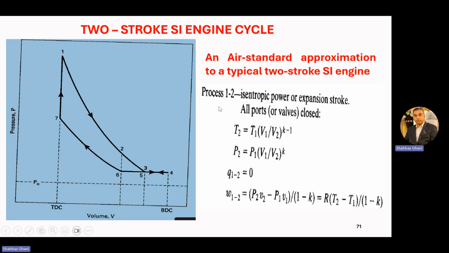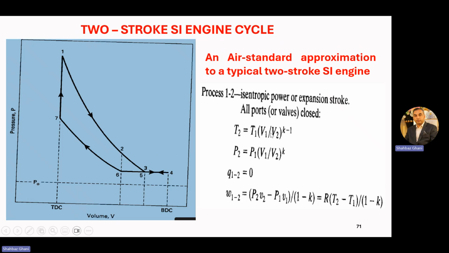So let's see what's happening inside, process 1 to 2. At point 1, we have maximum temperature and maximum pressure, so your power stroke starts from here. This is the isentropic power or expansion stroke, and all ports or valves are closed. So from 1 to 2, we have a power stroke and all the valves or ports are closed.